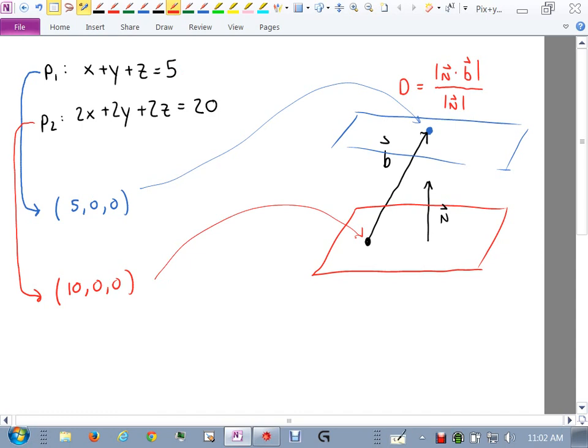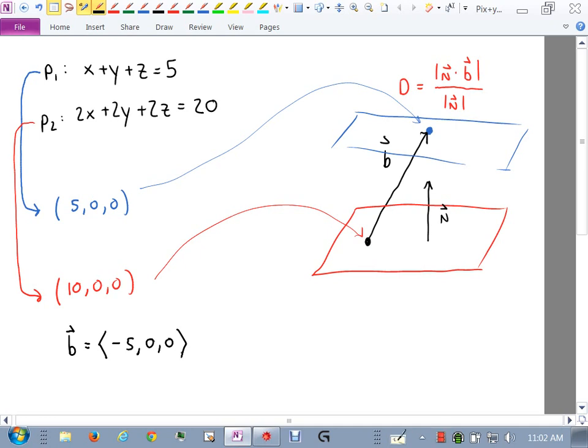So now what I need to do is generate the vector B. So the vector B for us will be what? We go from 10, 0, 0 up to the point 5, 0, 0, so negative 5, 0, 0, right?